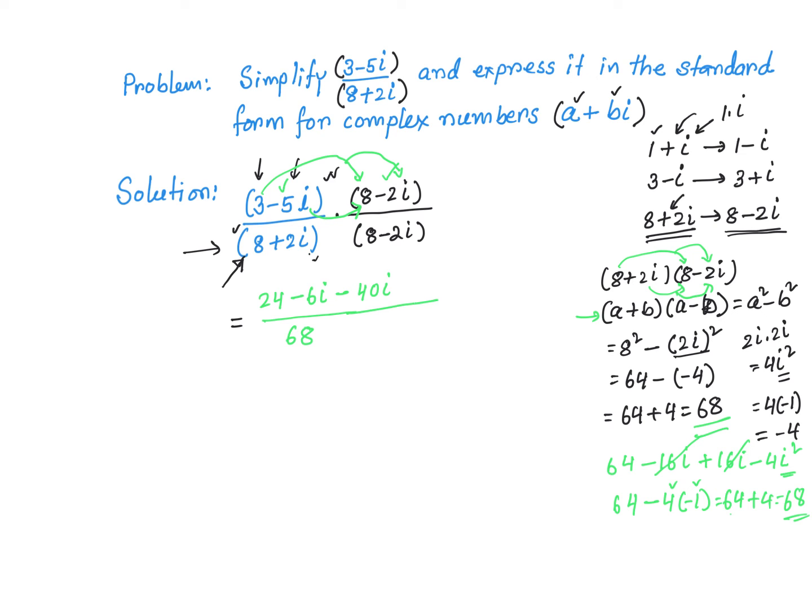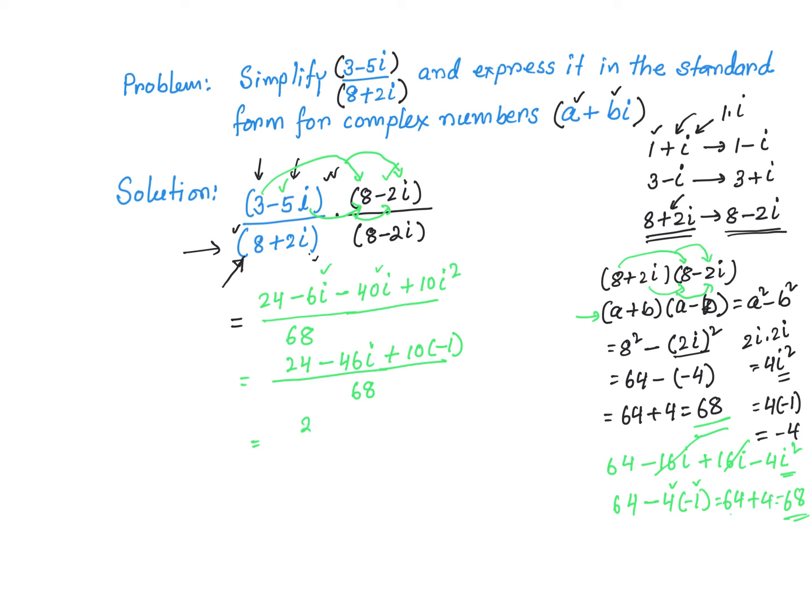Then negative 5i times negative 2i is positive 10i squared. Now you can simplify it further. So 24, negative 6i minus 40i is negative 46i, then plus 10 times i square. Remember, i square is negative 1. Then all of it divided by 68.